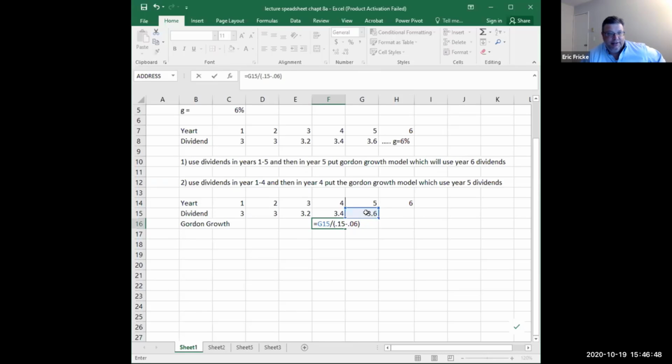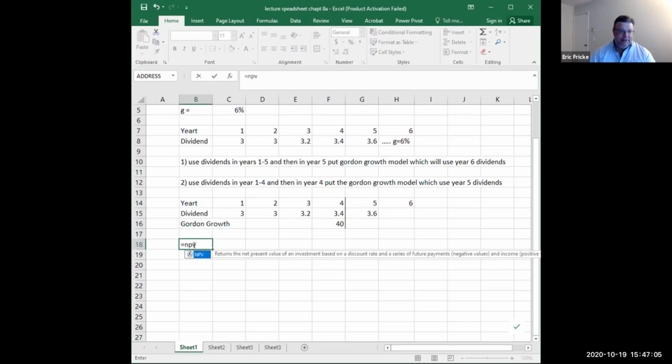And G15 is, I'm sorry, $3.6. So when we go to do our NPV calculation to calculate the price, we use the NPV formula. We can cover the math as well, but the NPV is a lot easier.